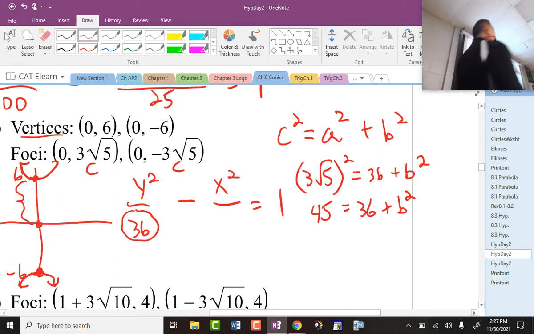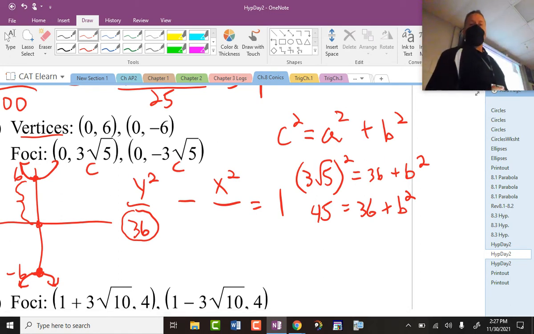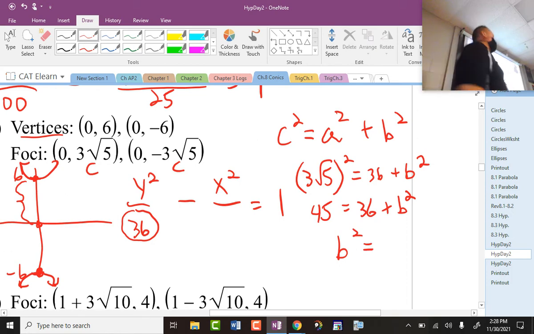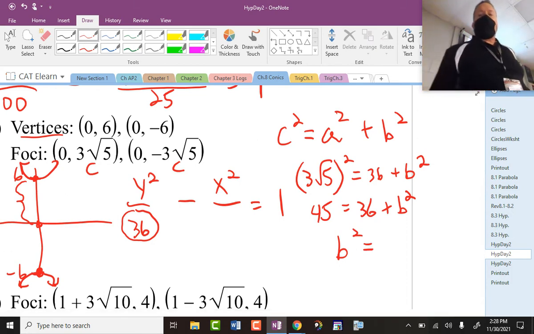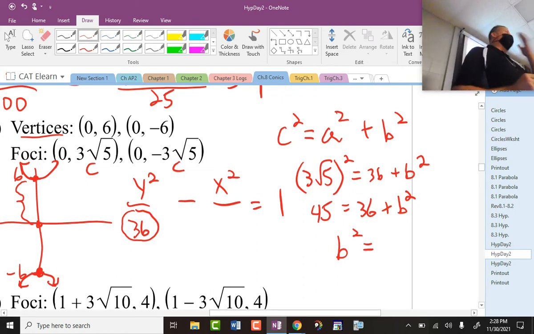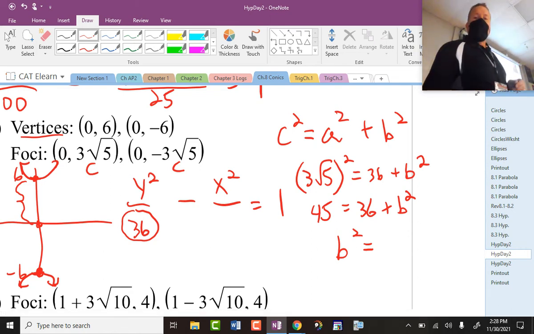All right, and then what's B squared equal? When you subtract, what's 45? 45 minus 36. I gave you a hint. It's a perfect square. Oh, no, it's not 1. 45 minus 36. 9. Okay, so what goes underneath here? Here's the question. Is it 3?